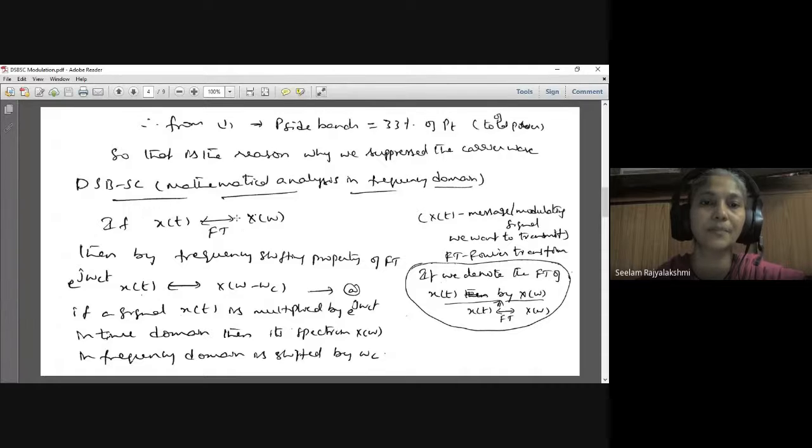Actually we have x of omega, but here it is shifting by omega c, that is x of omega minus omega c. By applying the frequency shifting property for the message signal, it is shifted by omega c.